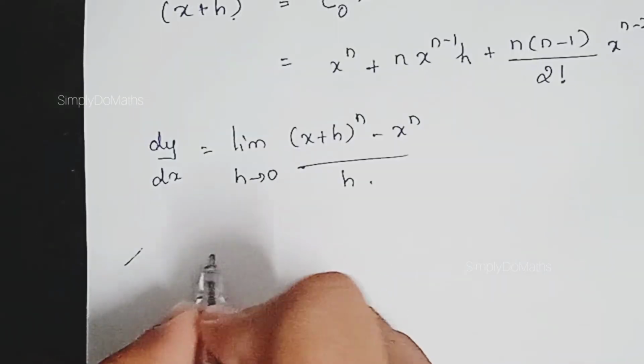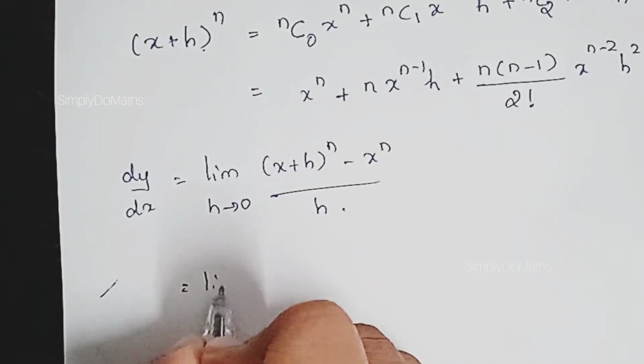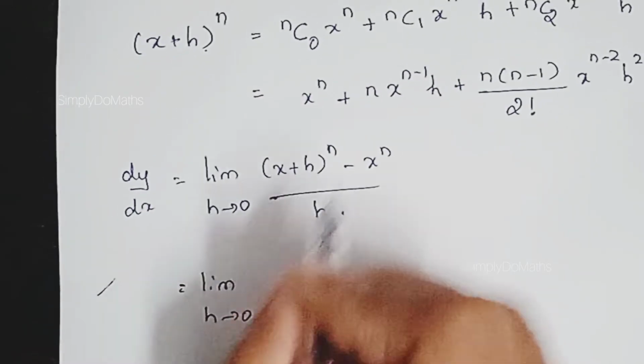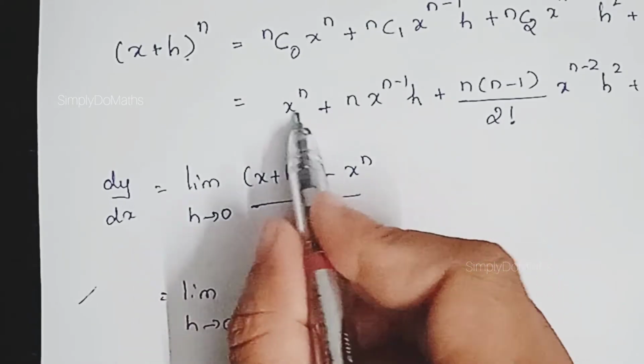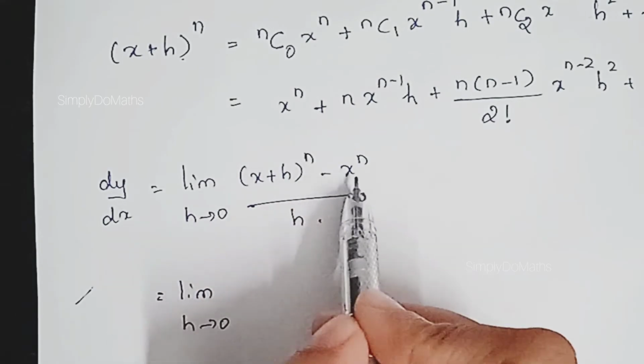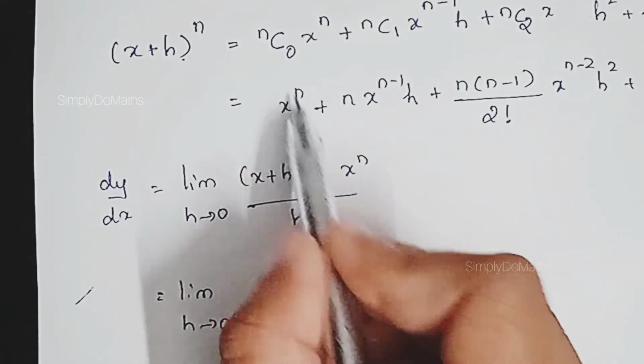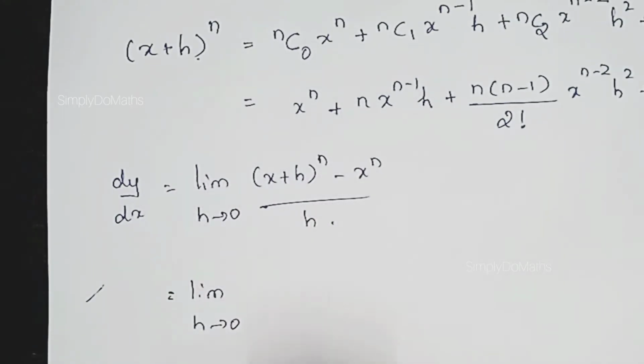So this will be, see here, limit as h tending to 0, x plus h whole raised to n. In the place of this, we need to write all these terms. Minus x raised to n is there. So minus x raised to n plus x raised to n, these two terms will get cancelled together.